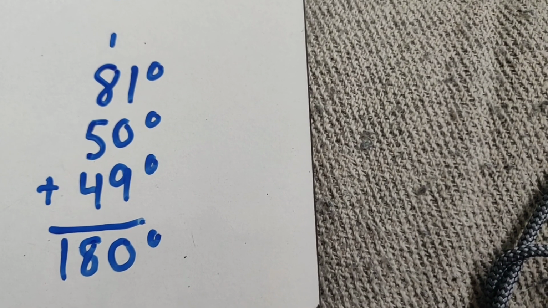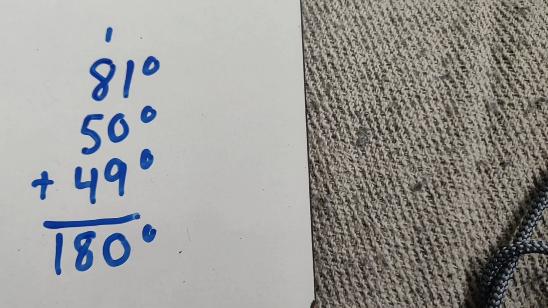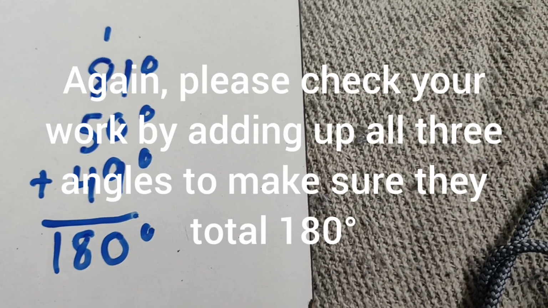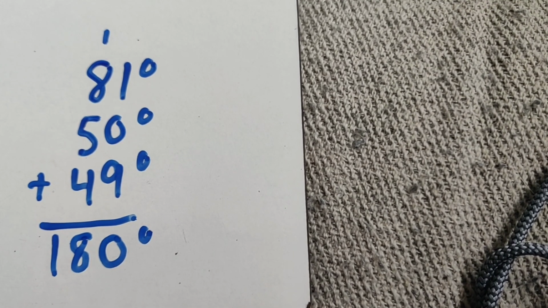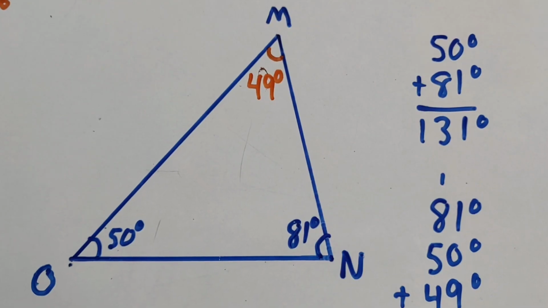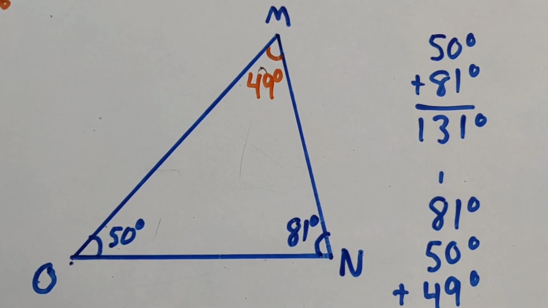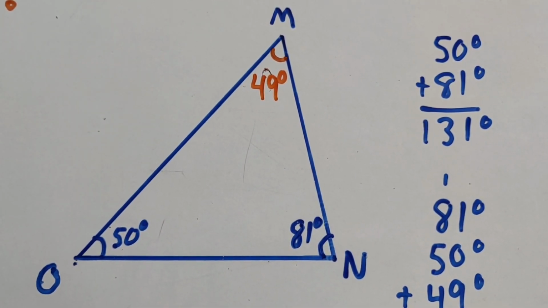When we add them up, the sum is 180 degrees, as it always should be for the sum of the three angles in any triangle. So we know that when we chose 49 degrees as our missing value, we chose the right value.